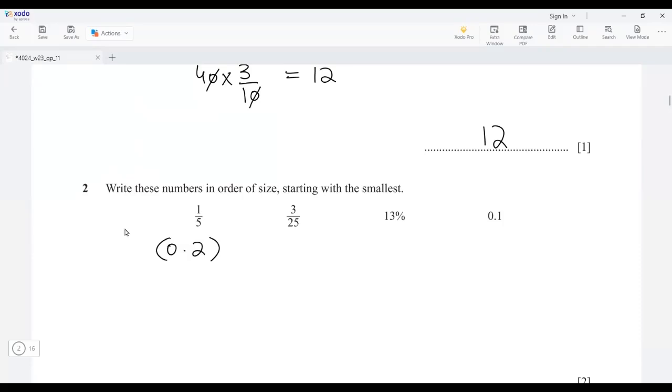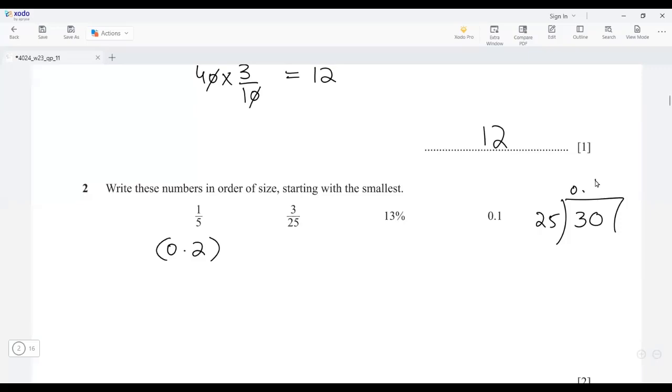So what's 3 divided by 25? We have to do the division. 25 is to be written outside, 3 is to be written inside. We have to put 0 because 3 is smaller than 25. If we put 0 here, we have to put the decimal sign here. So 25, how many times comes near to 30?